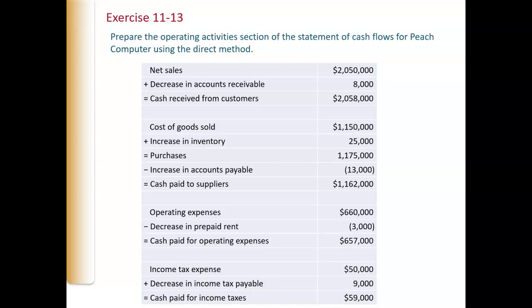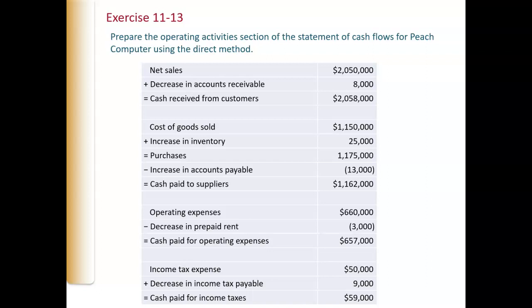Now, guys, this cost of goods sold can be the trickiest because you're going to have a homework problem like this. So see this. Think of cost of goods sold. Know, in order to figure out how much we paid in inventory, the cash we paid to suppliers, we're going to take our cost of goods sold, we're going to add back any increase in inventory, and that equals how much are in purchases.